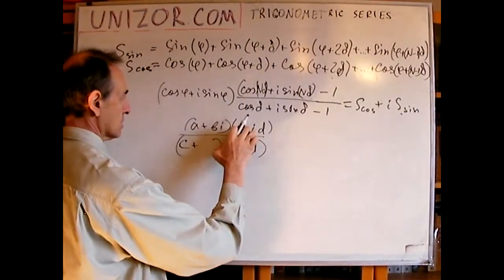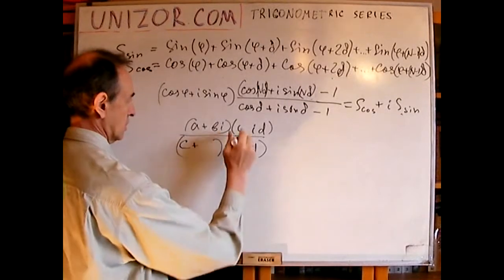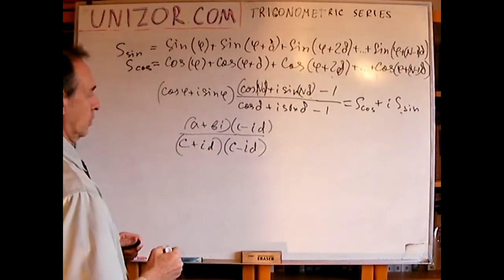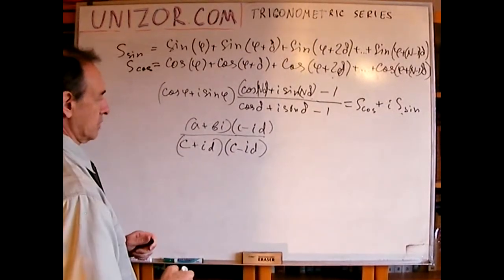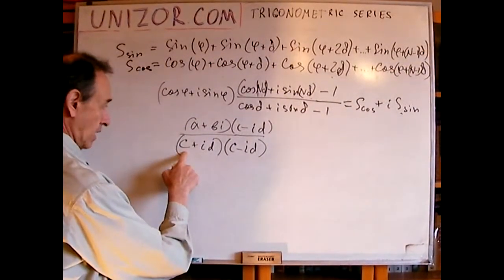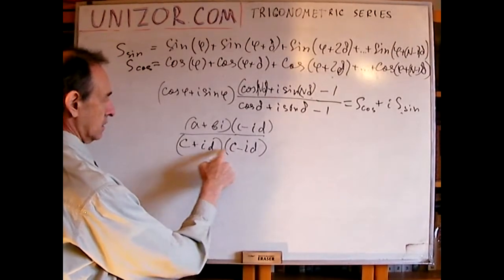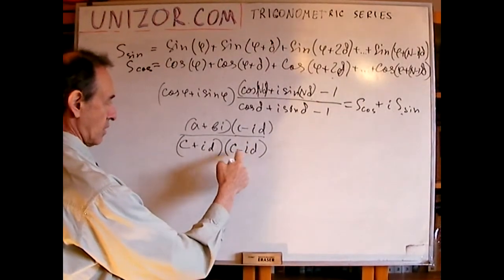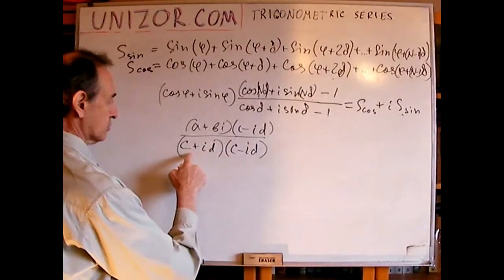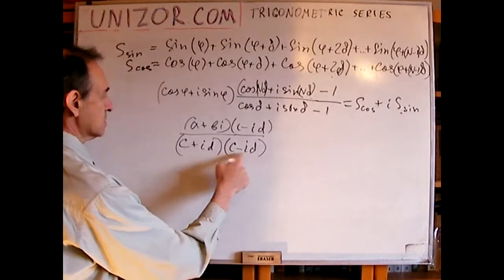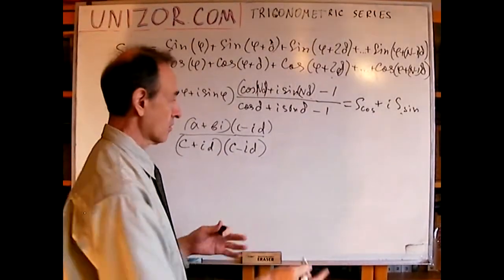Oh, I'm sorry, it's minus, that's the conjugate. Now, what will be in the denominator? C squared plus D squared, right? I times I is i squared, which is minus 1, and minus, so it would be C squared plus D squared. That's the real part. The imaginary part would be CD minus CD, which is 0, right?